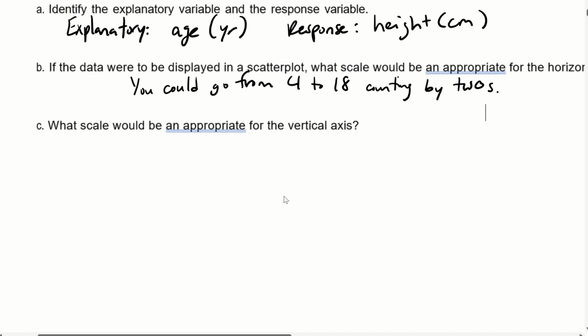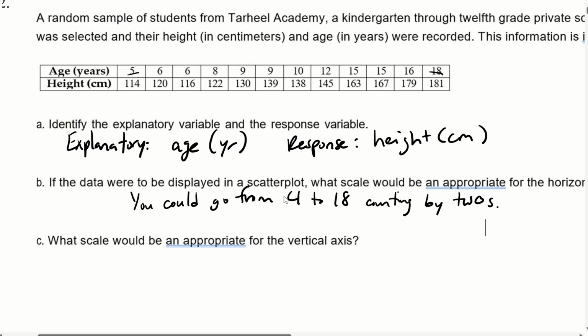Now, what scale would be appropriate for the y-axis? So here we got the lowest is around 114, and the highest is around 181. And it looks like you got 120, 130, almost 140. So you could go by tens, maybe starting at 110-ish, or 100.